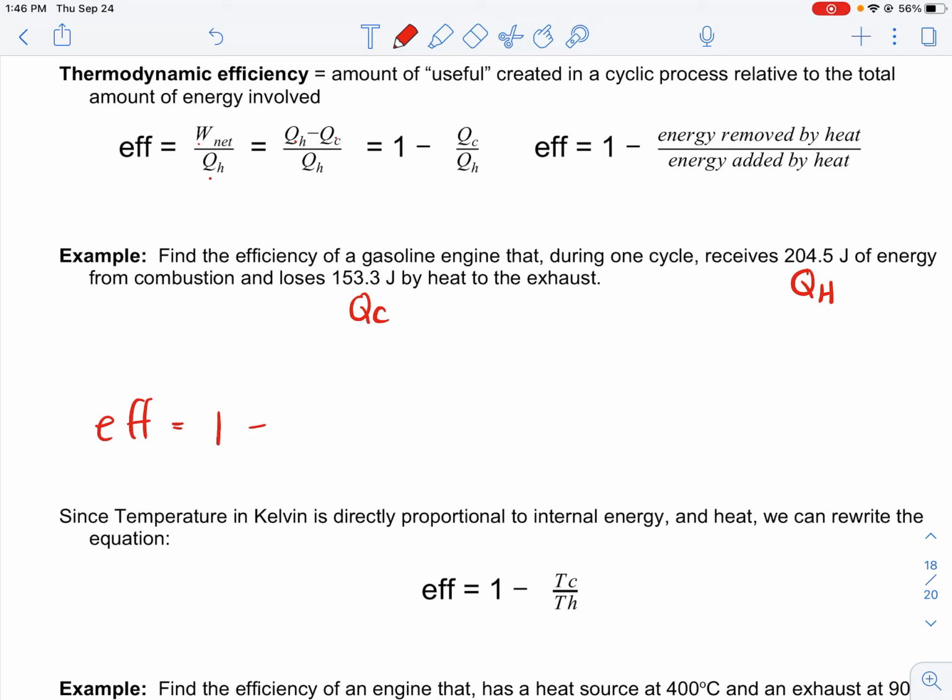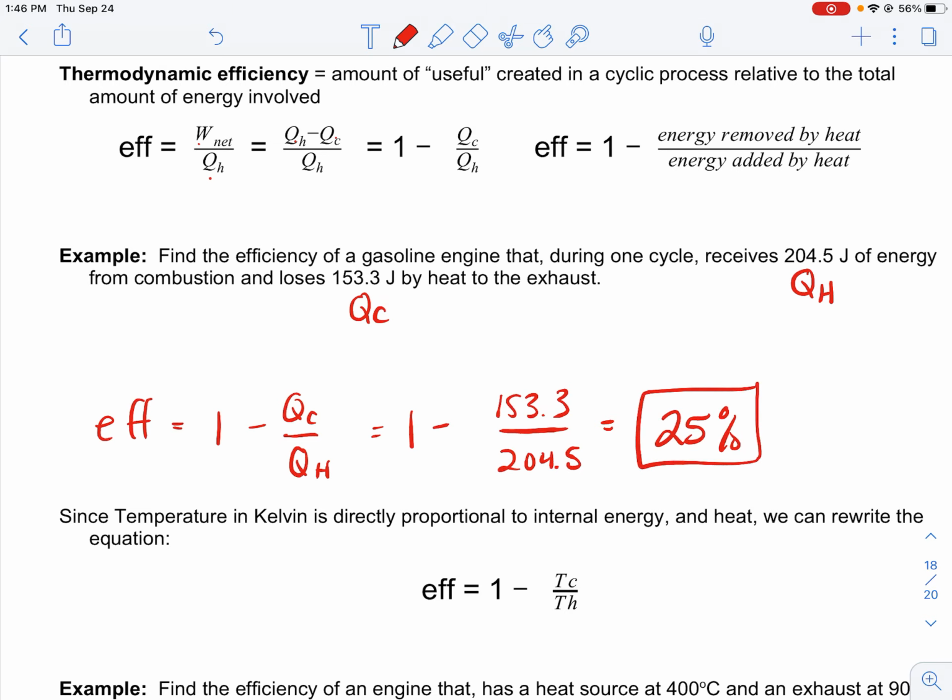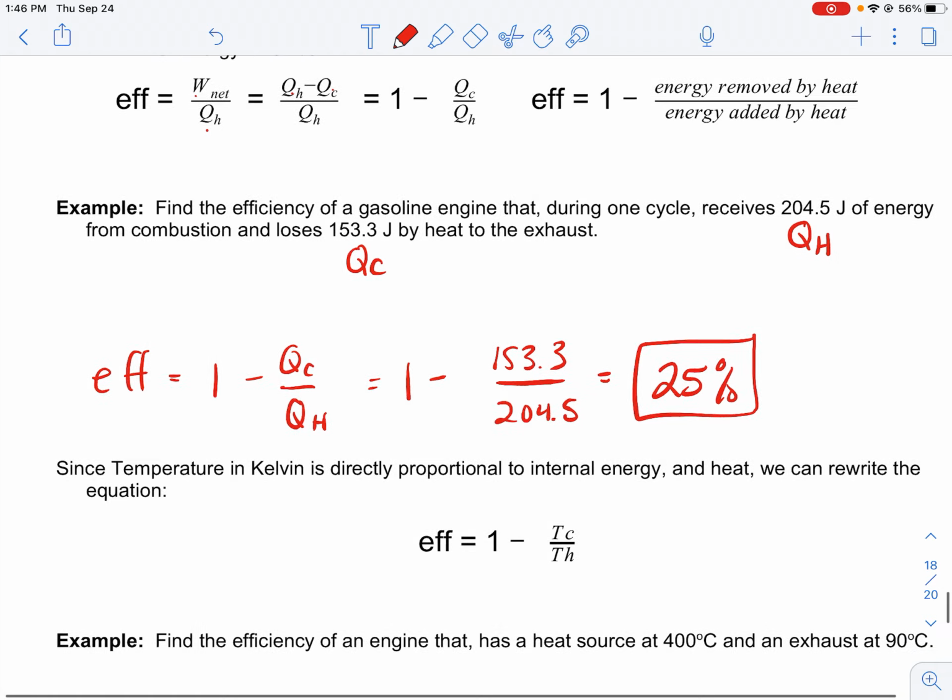So the efficiency is going to be 1 minus QC over QH, 1 minus 153.3 over 204.5, and I get 25% efficient.